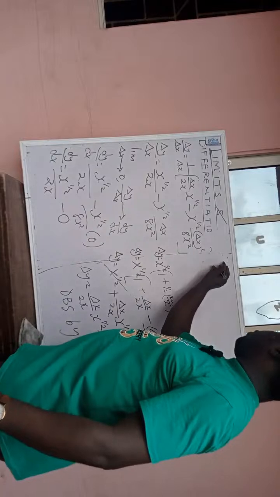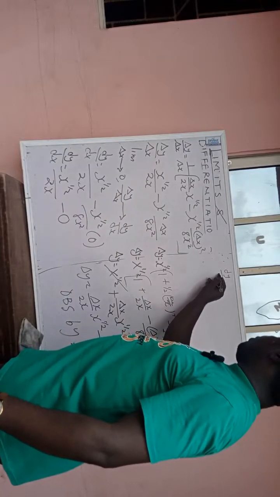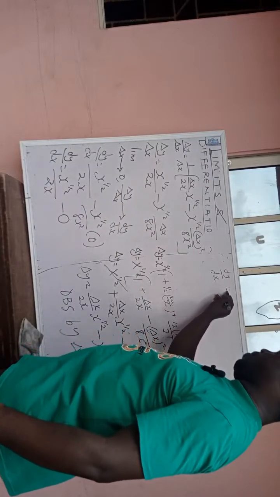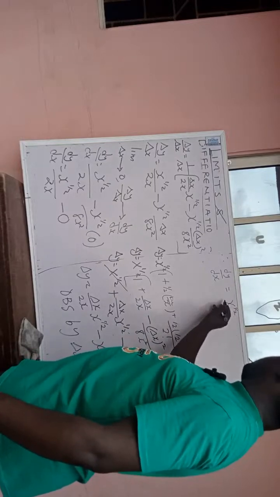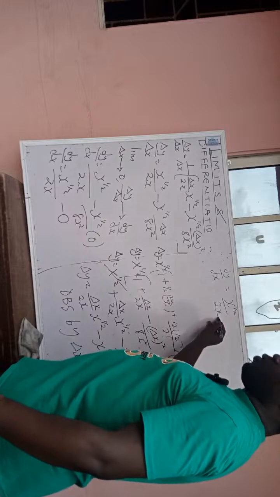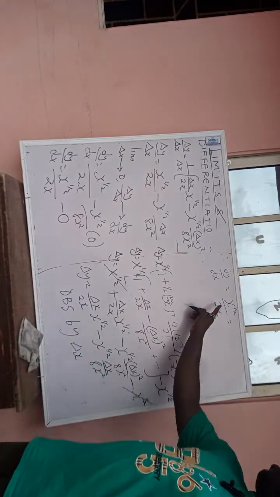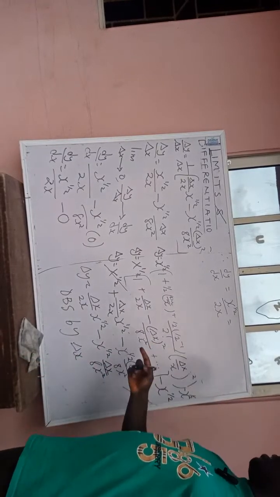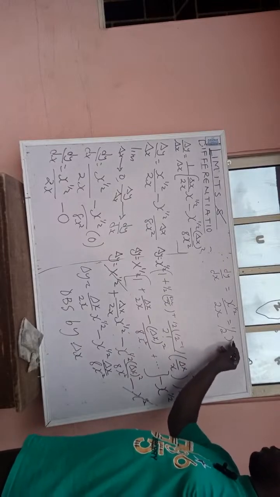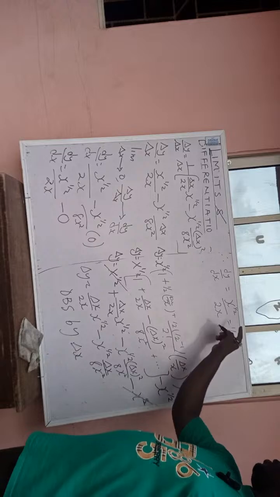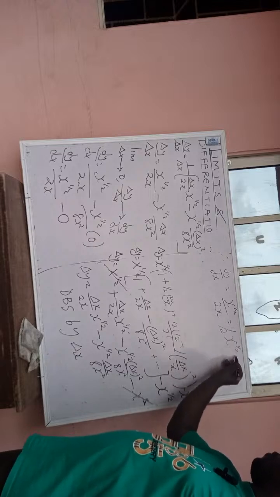Therefore, my dy dx is equals to x over 2x. Now, from the law of indices, this is the same thing as 2. This is 1, it goes up, so it's half.